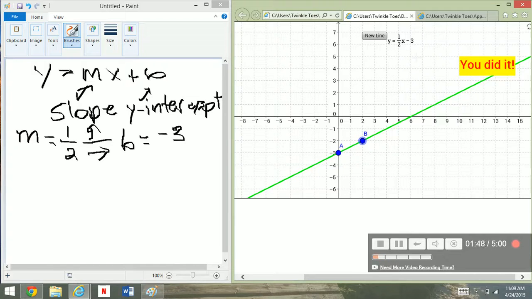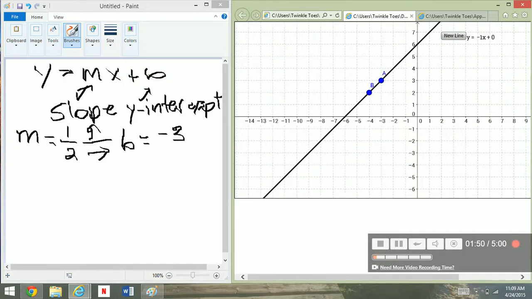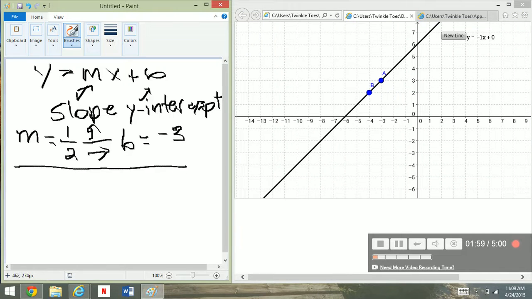Let's do another one. Now we have y equals -1x plus 0. So for this equation, the slope is -1, so that's -1/1 in a fraction. So in this case, I would go down 1 to the right 1.